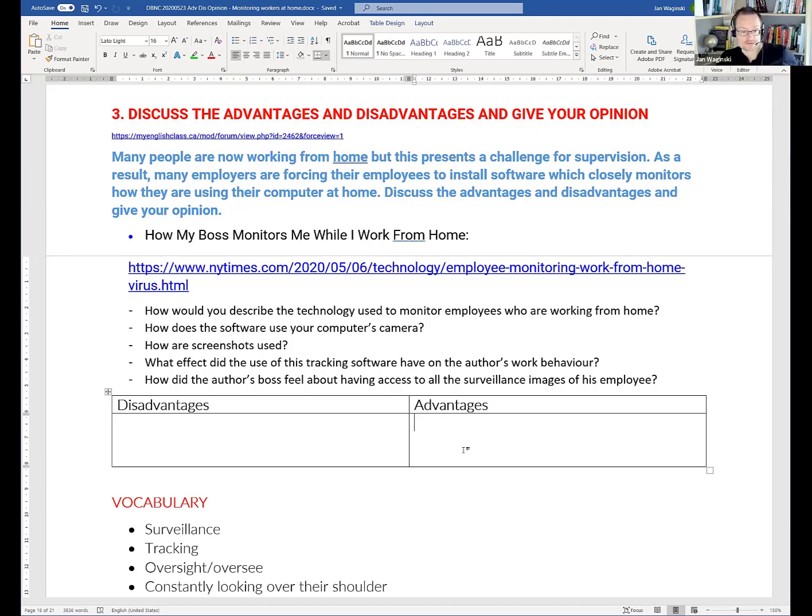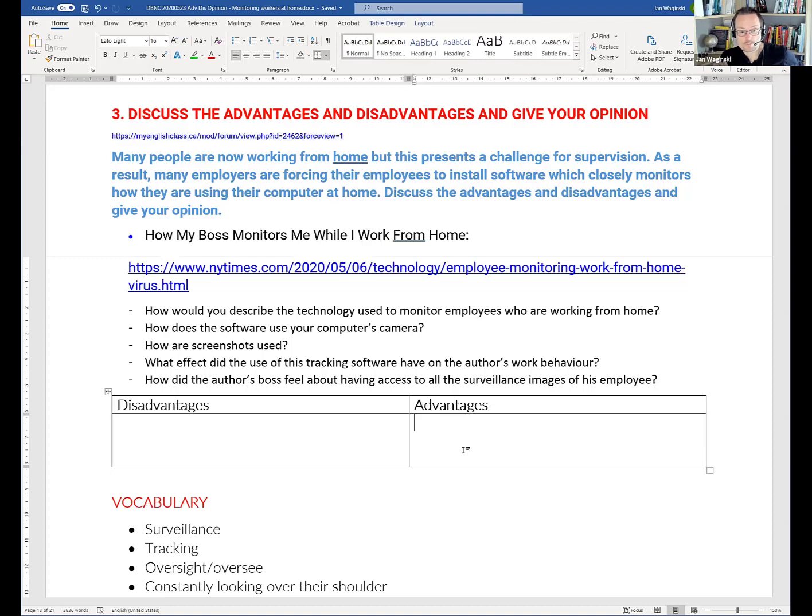In his case, for example, being on Twitter might not be a waste of time. He might be doing research, reading people's comments about a particular issue that he's writing about. But in general, I think that one article gives you more than enough information to give a really well-developed response to this prompt.